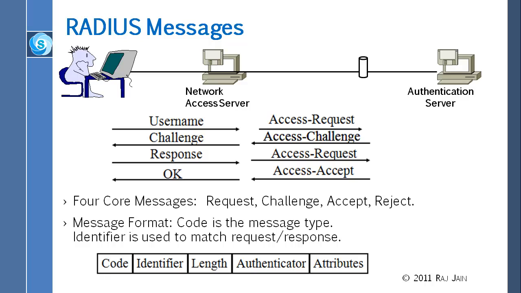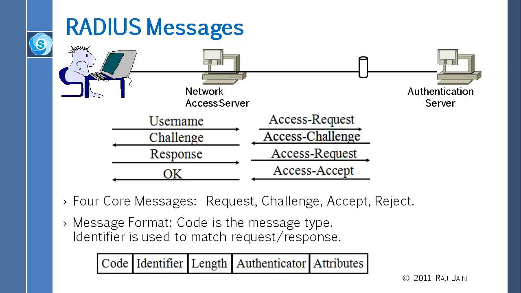Anyway, for example, this person comes on and says, hey, I am Raj Jain, and I need to connect. Then from that information, which probably will have Jain at AT&T.com or whatever, the access server will know that it should send the request to the authentication server and say, Jain at AT&T.com wants to authenticate, what do I do?